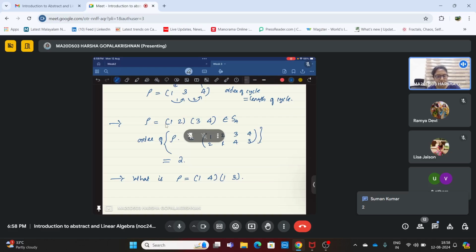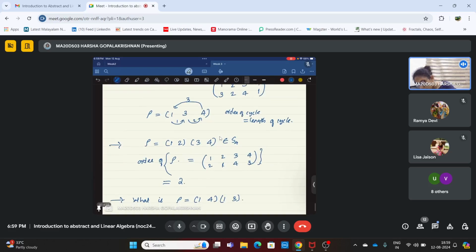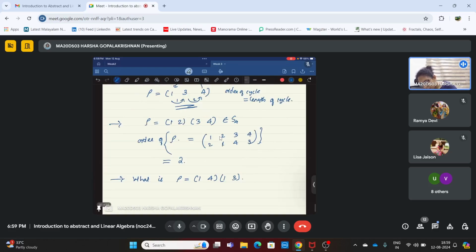Here what I had written was 1, 2, 3, 4, and both were disjoint cycles. 1 was going to 2, 2 was going to 1, completely disjoint from 3 and 4. But what is 1, 4, 1, 3? This is the same as our element, right? This 1, 3, 4. If I write the cycle 1, 3, 4 as a product of transpositions, I will write 1, 4, 1, 3: first this and then this.